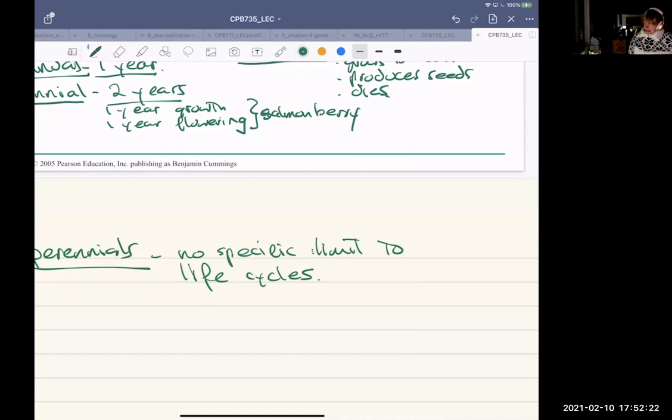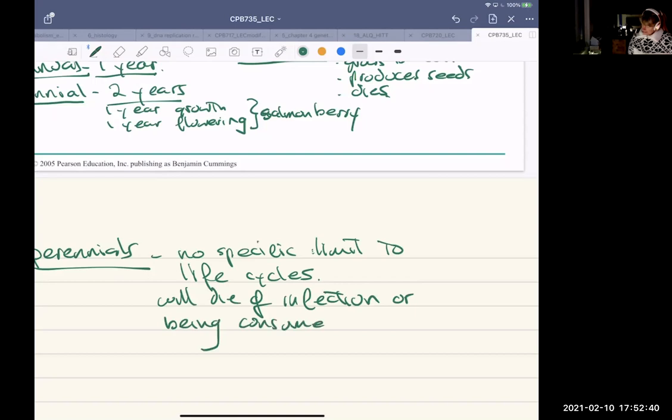They'll produce seeds. If they die, it'll be from something else, like infection, or being consumed, or fire, but not of old age.